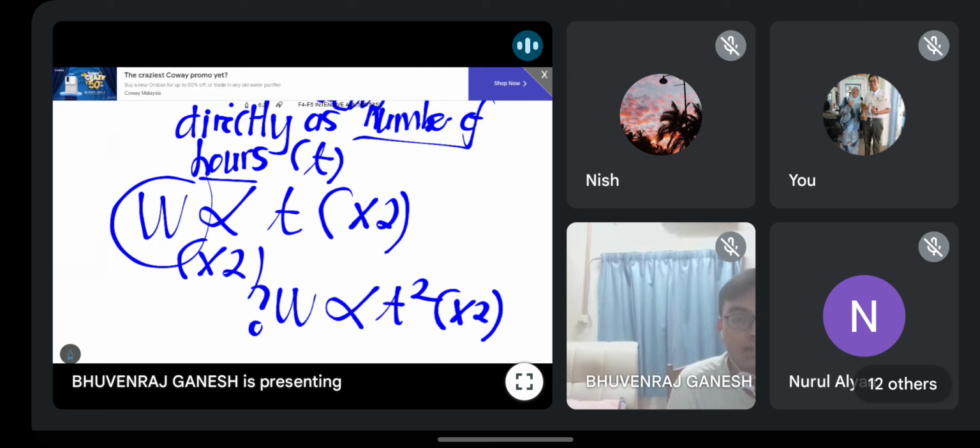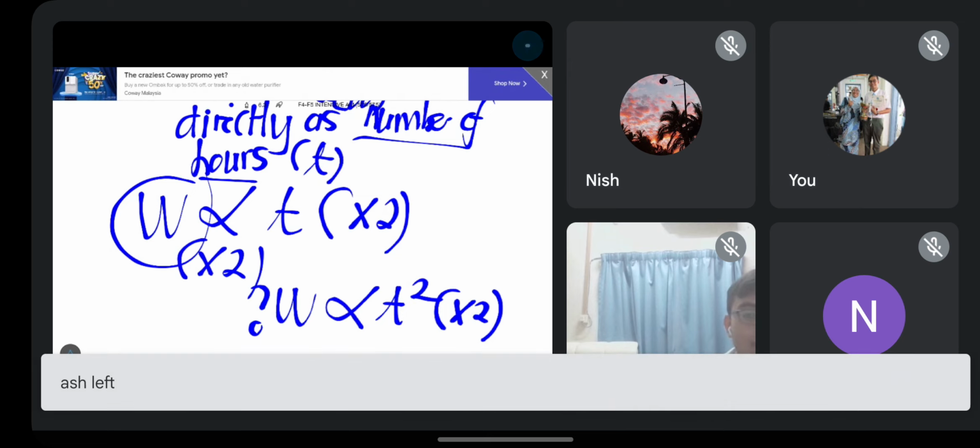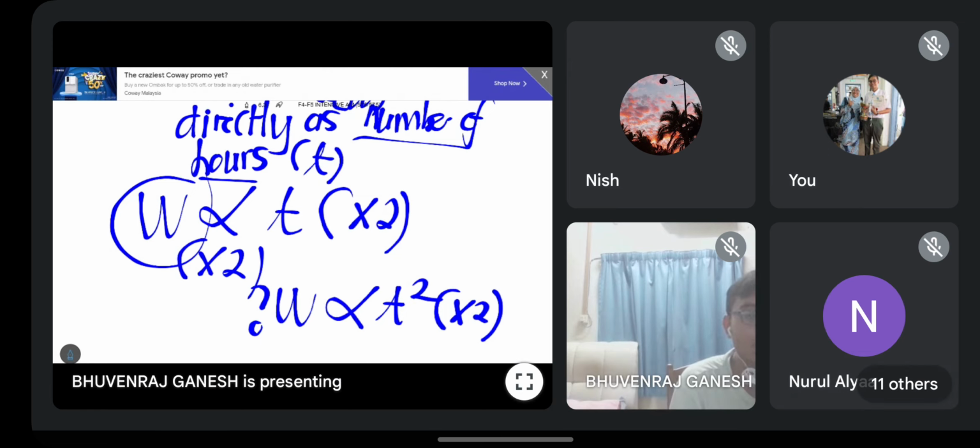Adakah dia masih kali 2? Sekarang ada kuasa 2 tau. So macam mana? What will be the W? Cuba saja guys, jangan risau. If T increases by 2 times, what happened to W in this case? You actually supposed to times 4.